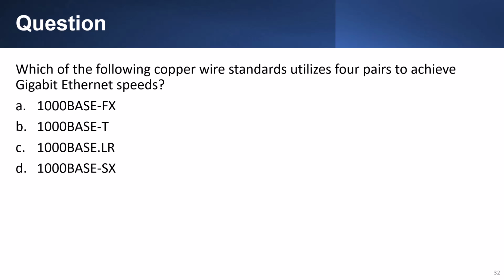Question: which of the following copper wire standards utilizes 4 pairs to achieve gigabit Ethernet speeds? Answer: 1000Base-T.